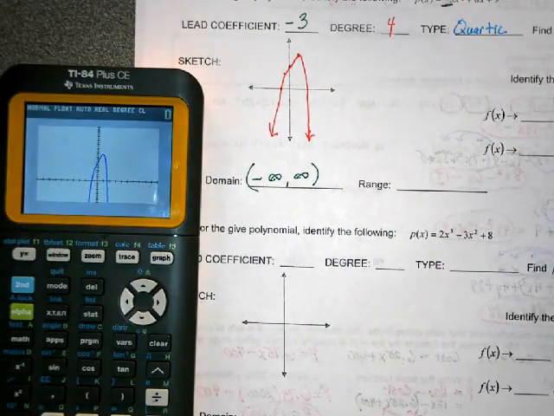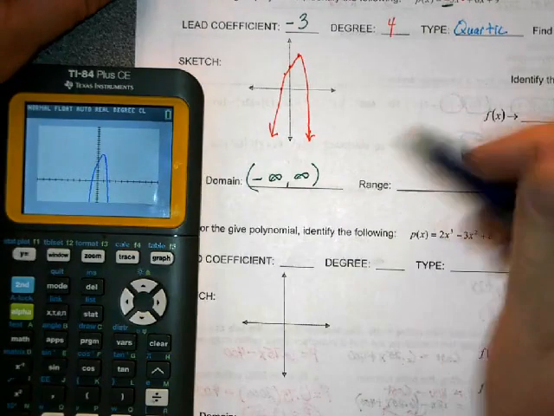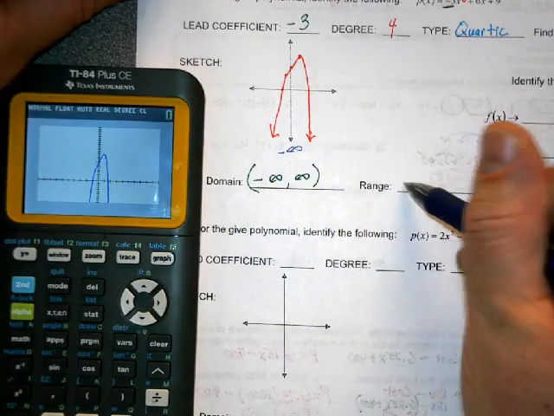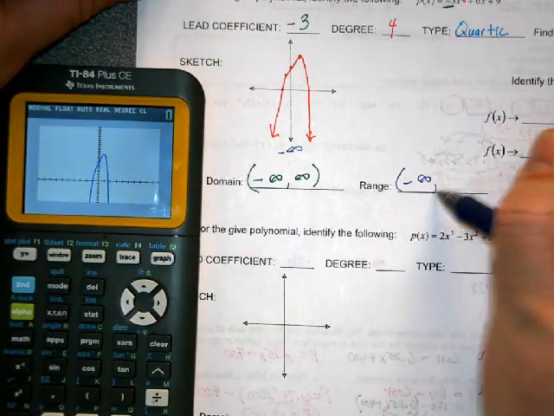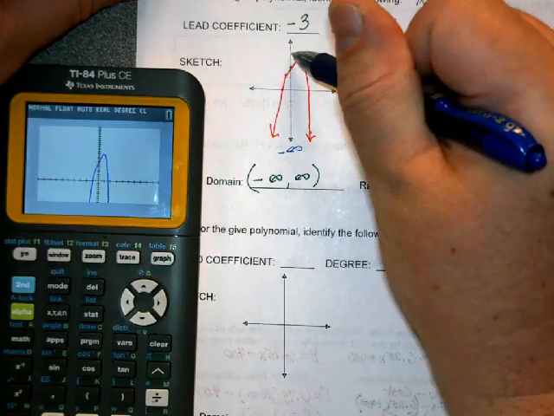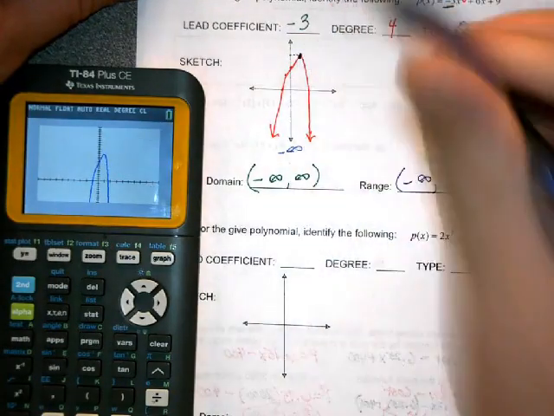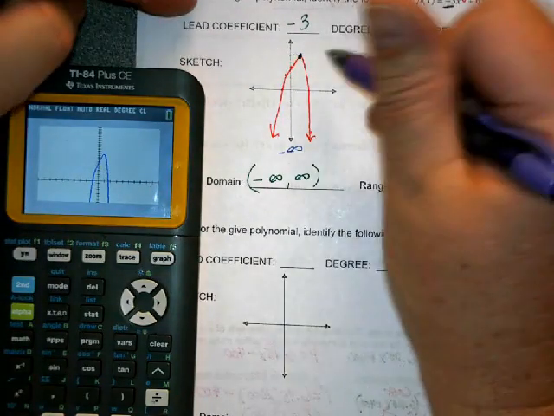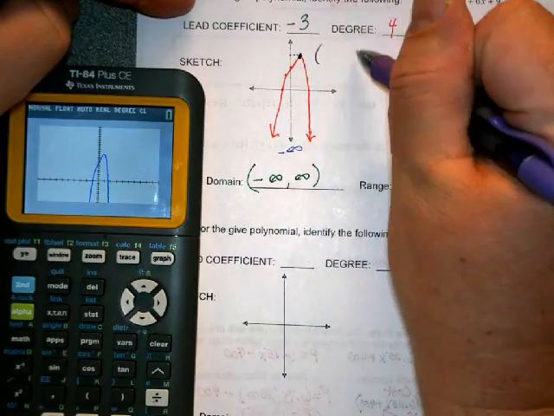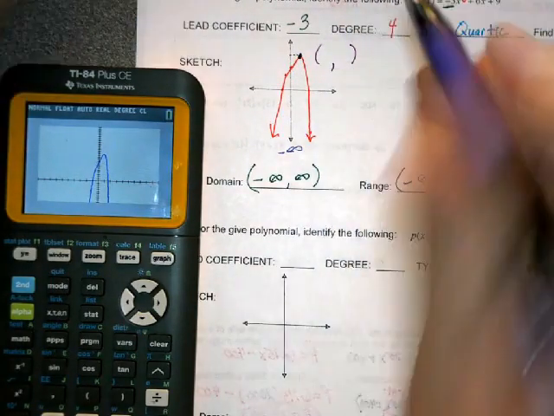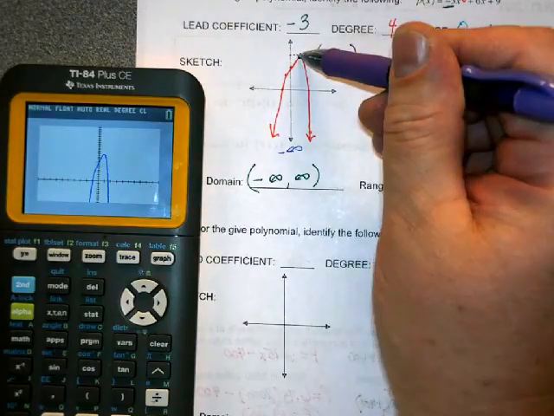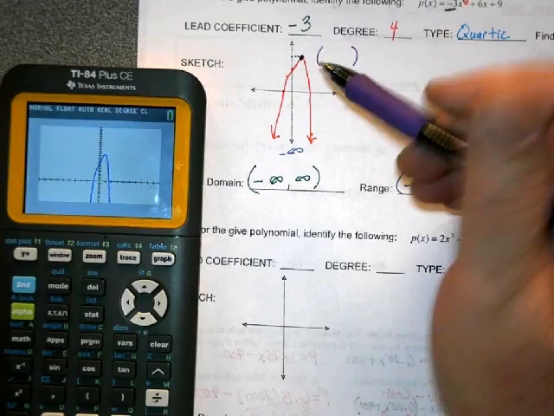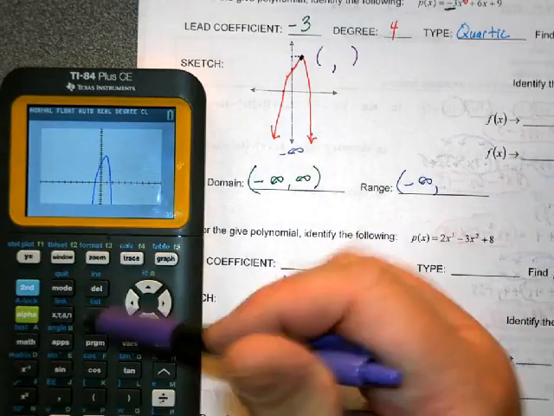Now, the range. My smallest Y number, well, that's easy because that's negative infinity. That's my smallest one, right? Problem is, my highest Y is 8.69. Is that what you got? Yeah, that's the maximum because it's opening downward. So we got to do our second trace. Go to our max.